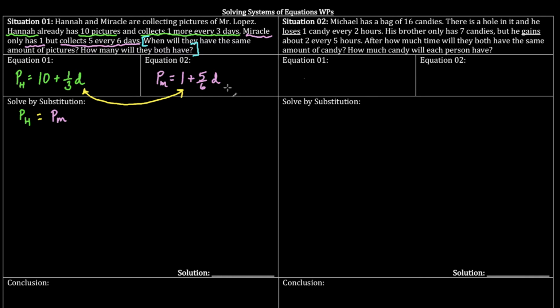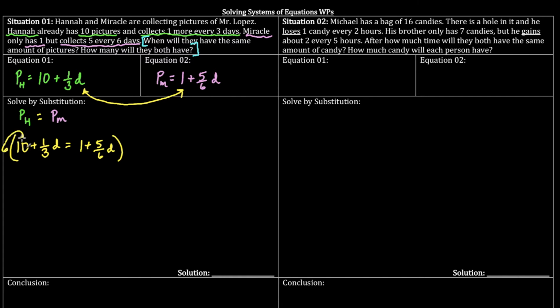So we're going to put those together. 10 plus 1/3 times the number of days equals 1 plus 5/6 times the number of days. And right here we have fractions. The denominator is 3, the denominator is 6. Let's multiply everything by 6.